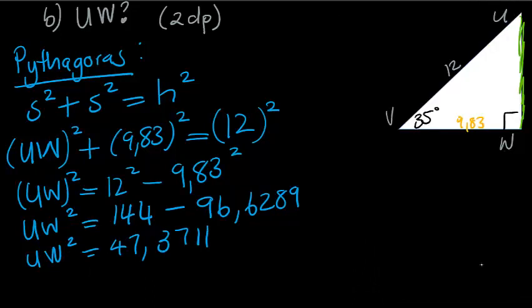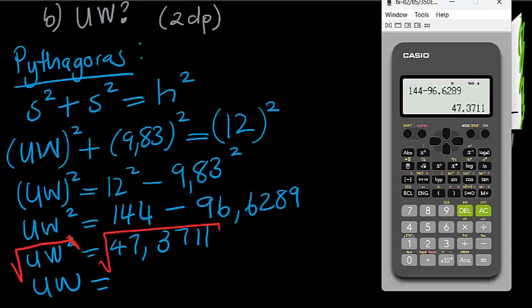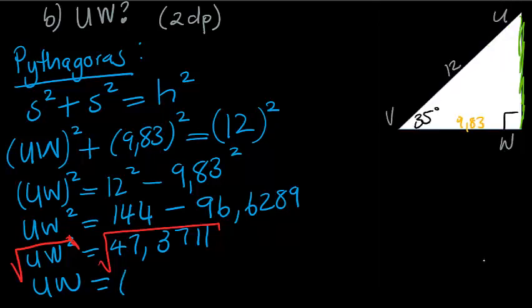Now, in order for me to get UW alone, I'm going to square root this side, and what I do on the left, I do on the right. So UW is the square root of 47,3711, and I input that as square root of the answer, and that gives me 6,8826666 dot dot dot.